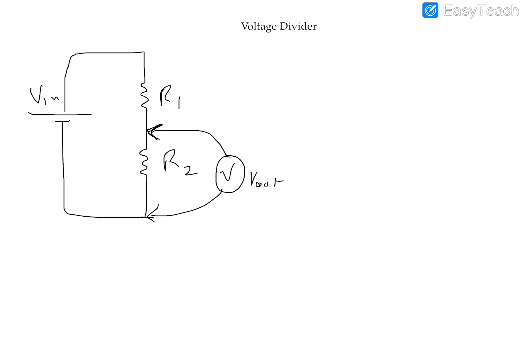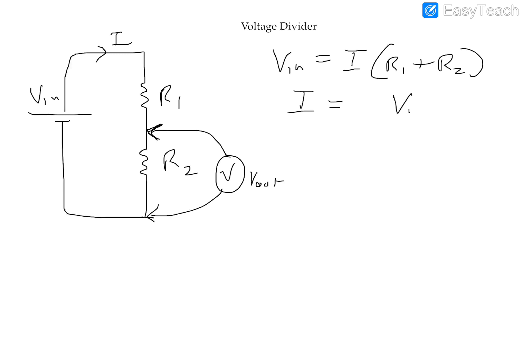If we use Ohm's law in the main circuit, the supply voltage is the current times the total resistance, which is R1 plus R2. Rearranging the terms, the current is the total supply voltage divided by the total resistance.